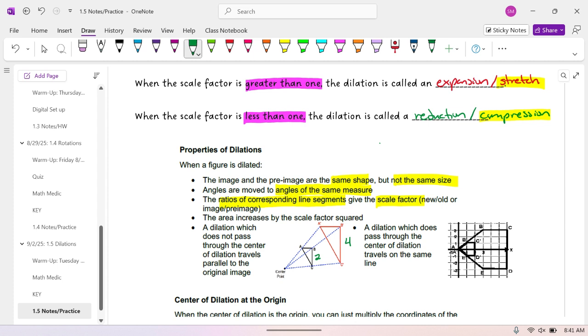All right. The area increases by the scale factor squared. Why would it be the scale factor squared and not the scale factor? What specifically about area makes it squared?